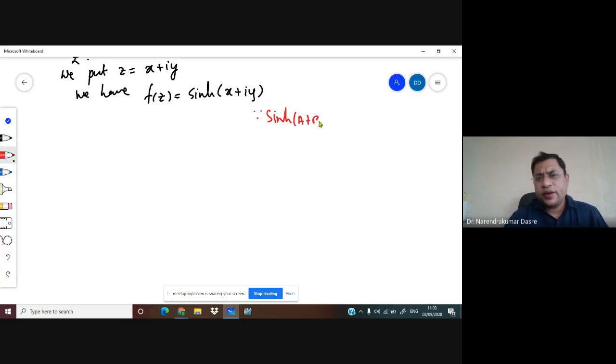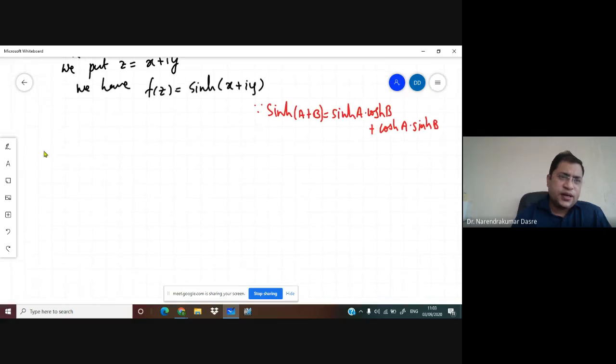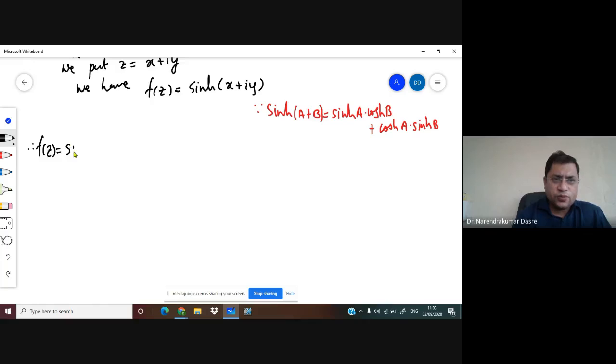Sine hyperbolic (A plus B) is equal to sine hyperbolic A cos hyperbolic B plus cos hyperbolic A sine hyperbolic B. This is the formula that we have seen in the first semester, and hence we can write f of z is equal to sine hyperbolic x cos hyperbolic iy plus cos hyperbolic x sine hyperbolic iy.